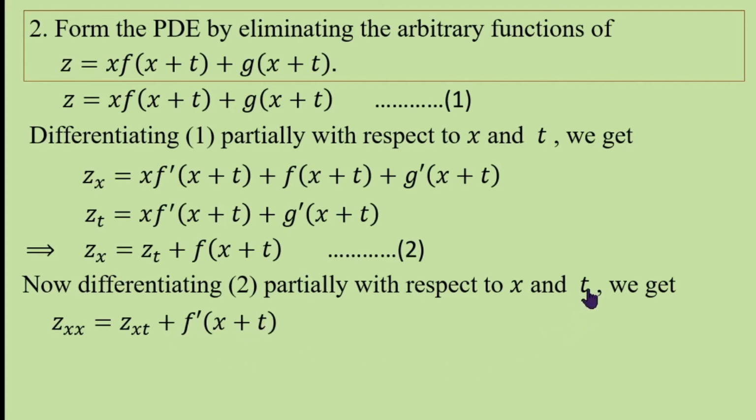Similarly, when you differentiate partially with respect to t, zxt, ztx or zxt equal to ztt plus f dash of x plus t with respect to t, that is f dash of x plus t.